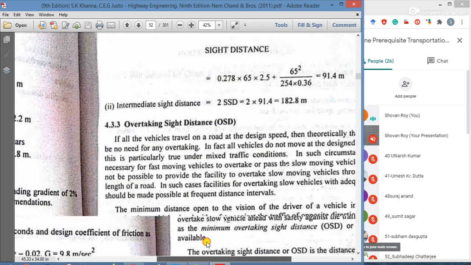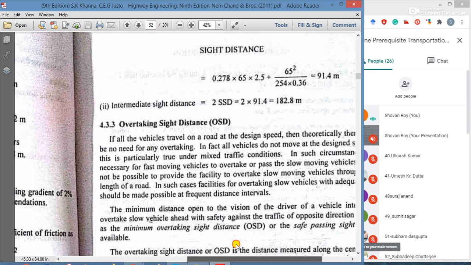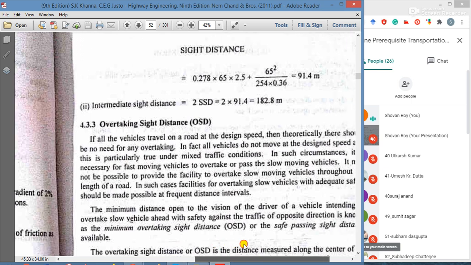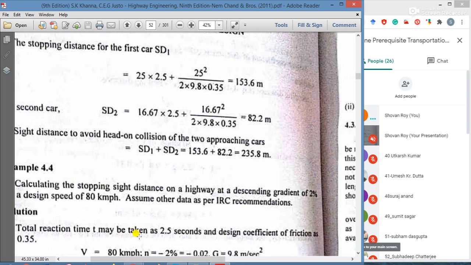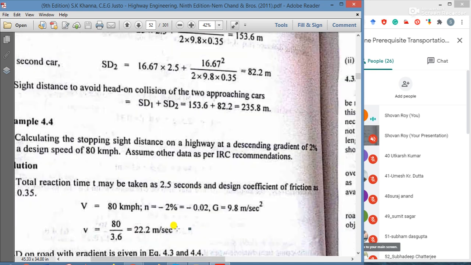You just need to practice and keep some parameters in mind, because there are many conditions like head-on collision, road condition, single lane, double lane, two-way traffic, and the gradient or slope. Depending on such conditions, you have to calculate the solution.